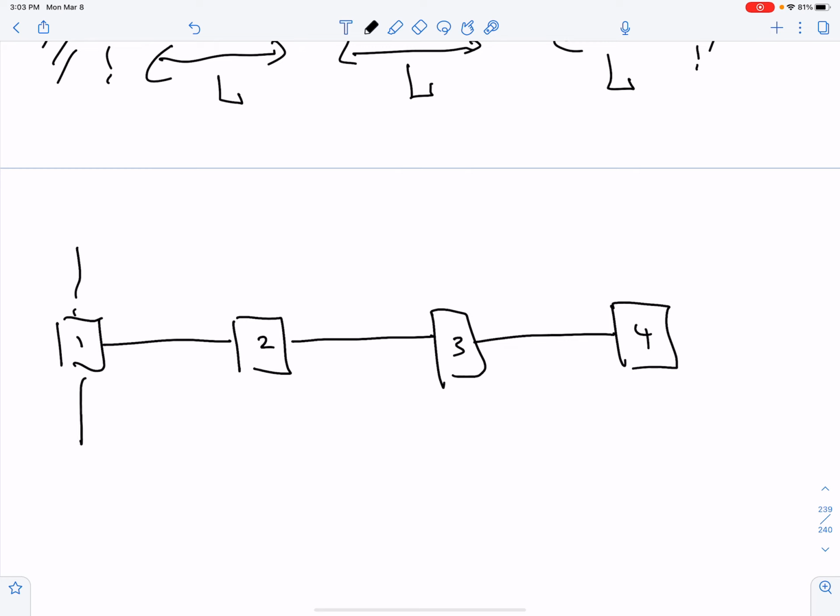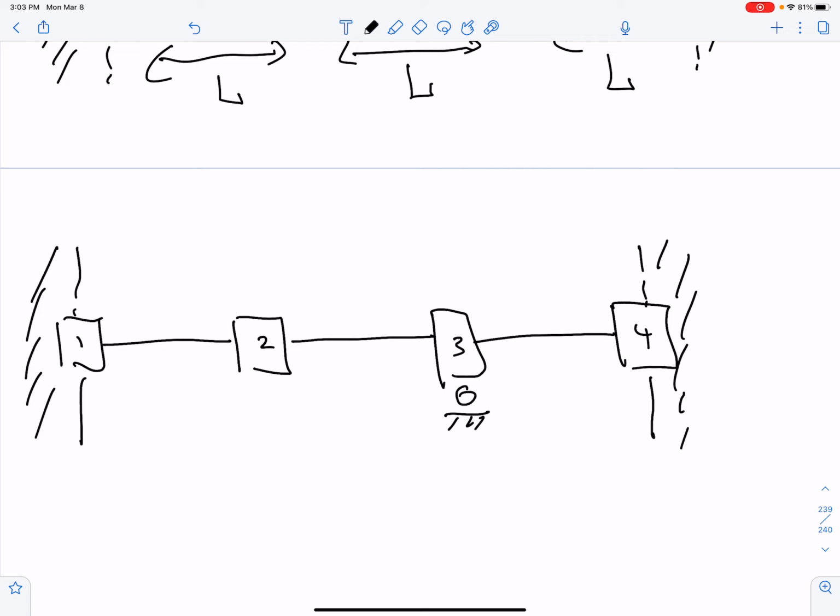This one is cantilevered, and this one is cantilevered. So what this means is nodes 1 and 4 cannot move up or down, and there cannot be a rotation at these two nodes. The fact that node 3 is on a roller means that it can rotate and move back and forth, but cannot move up and down.